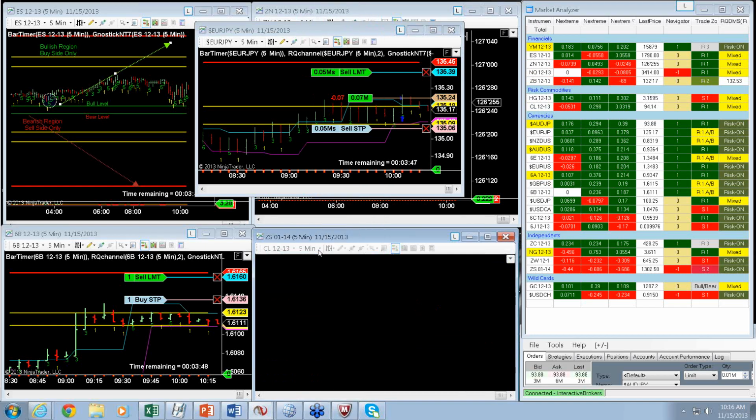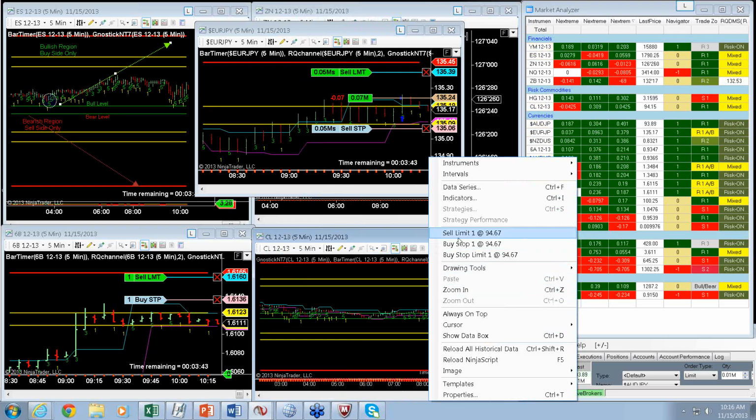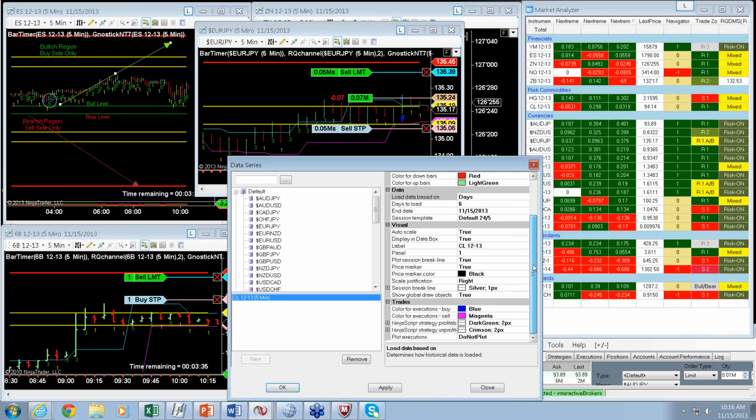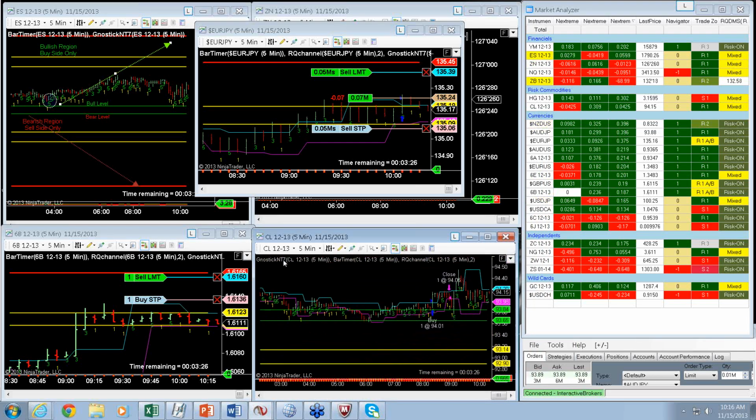Here's the crude oil. That was 50 cents. I became a wimp. I was going to call it my wimp trade today. Let's just review. That's the 50-cent trade.